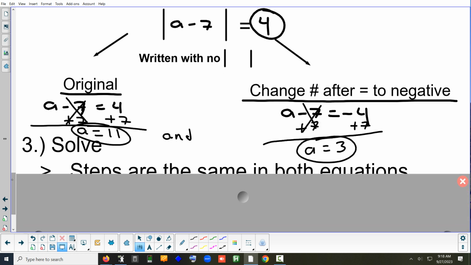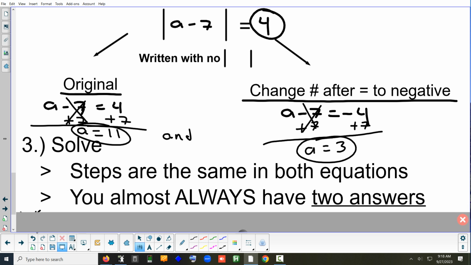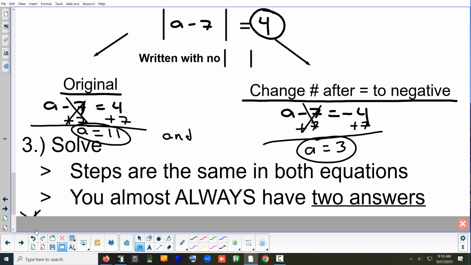All right. So the equations that you usually set up after you get absolute value by itself are pretty simple to solve. They usually don't have complicated like terms and things, distributive property. They don't have that. Okay, so the last thing under step 3, the steps are the same in both equations. We added 7 on both sides for the original.